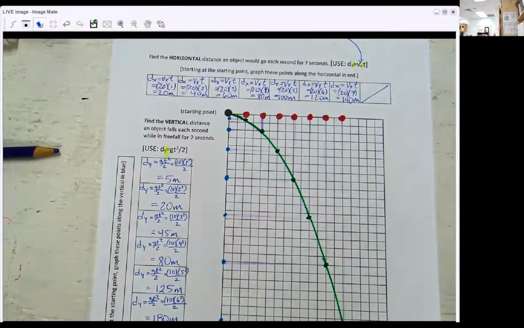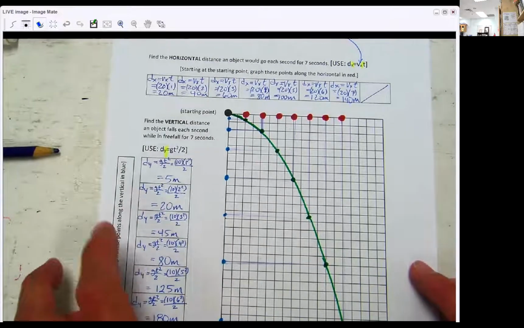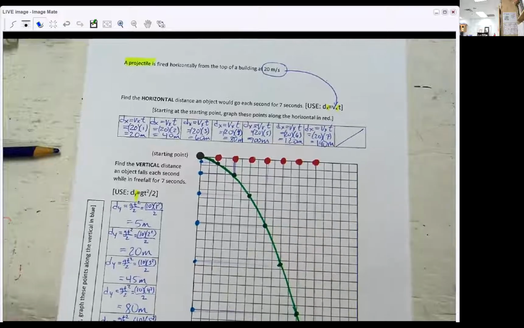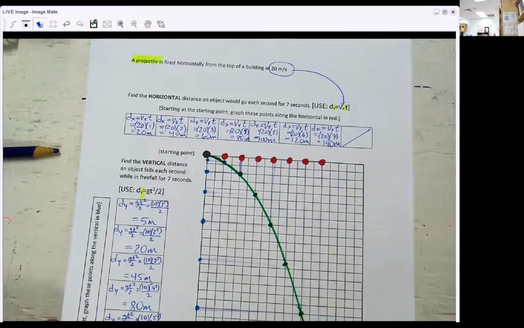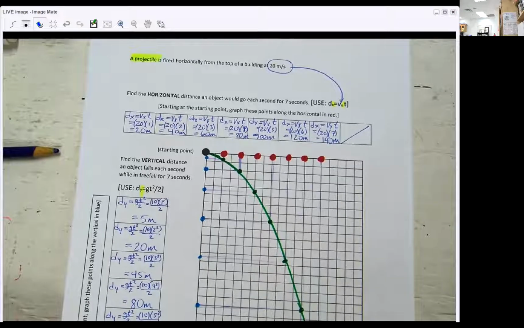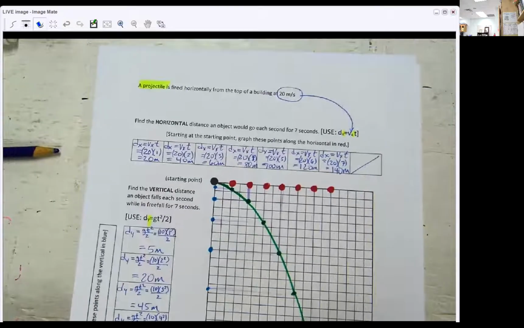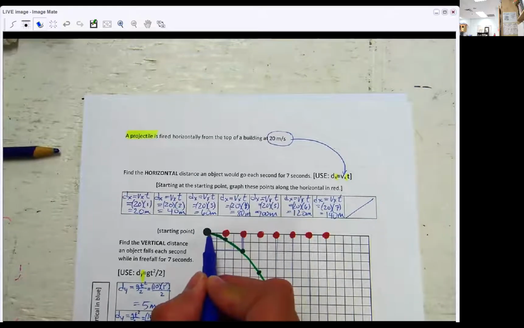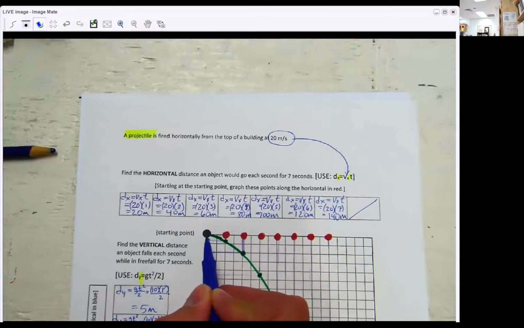Let's draw in our velocity vectors. So we've been talking about distance, right? How far it goes. Now let's draw in velocity vectors to give us, again, a pictorial representation of what the velocity looks like at those particular points. So I'm going to start here at the starting point. Let me zoom in here.